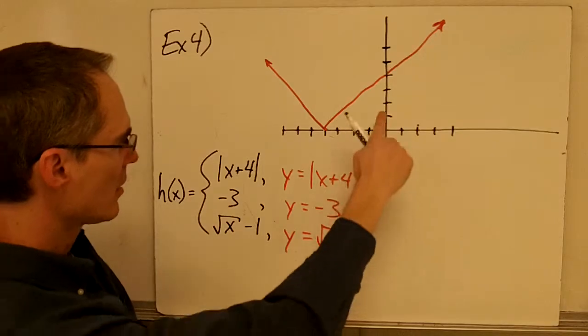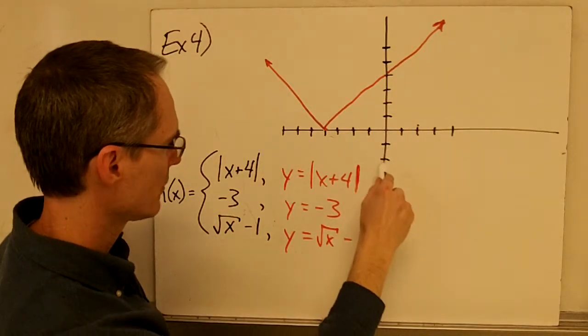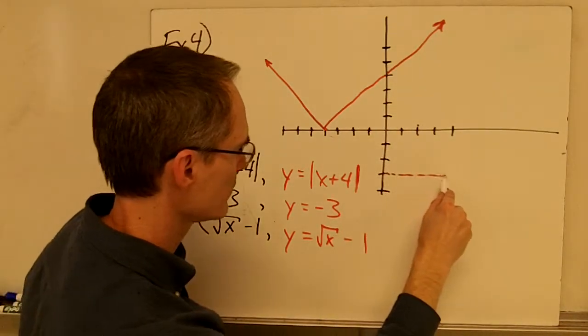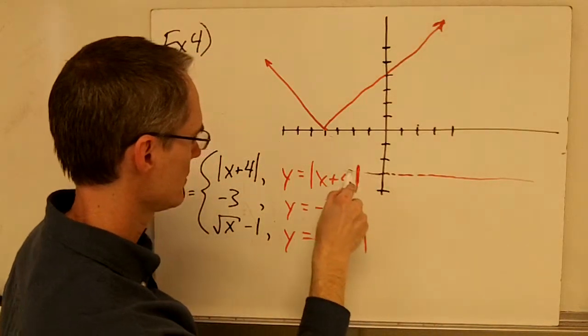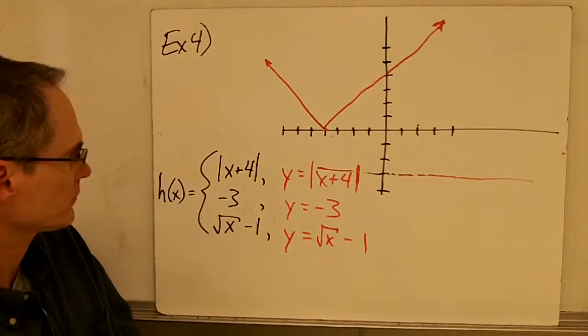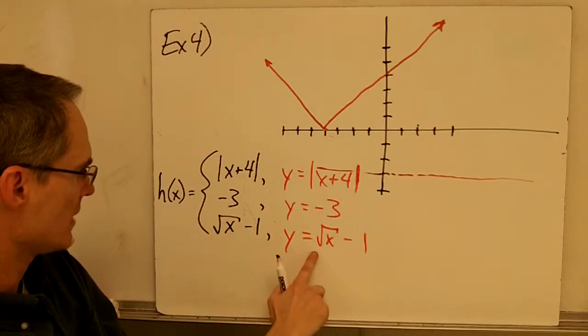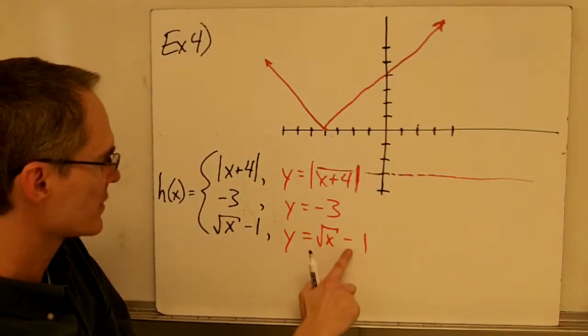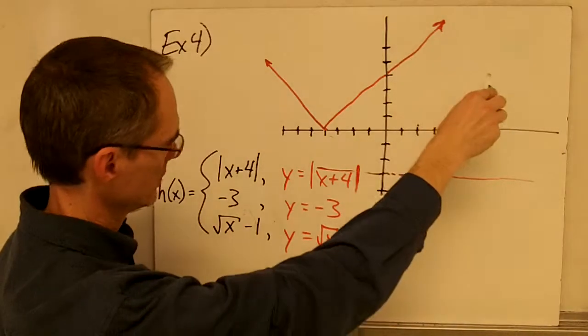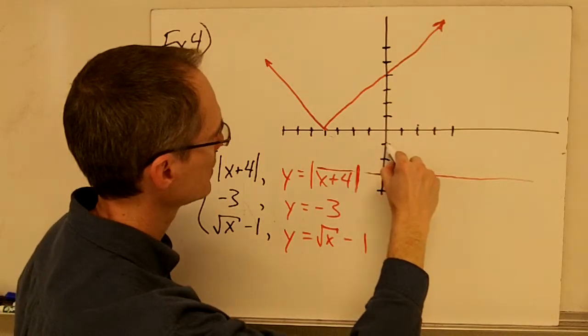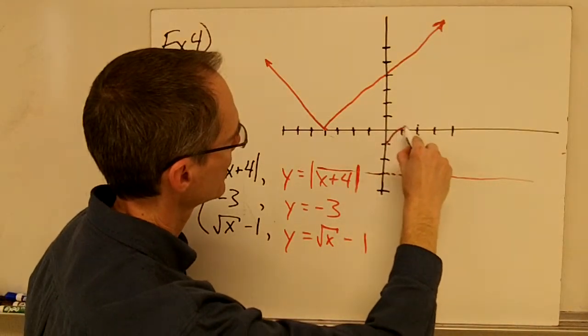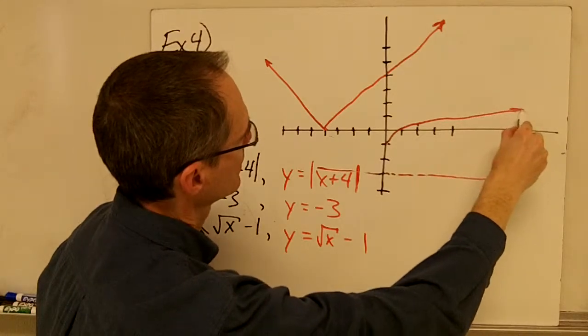That's my horizontal line through y equals negative 3. So that one's down here. And then let's see, y equals square root of x minus 1. So my square root function looks like that. I move it down 1, and it's going to look something like that.